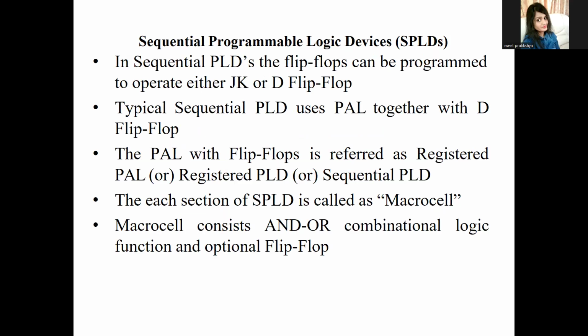As we discussed, the macro cell is the simplest unit of the SPLD. So let us discuss what a macro cell is. Each macro cell takes input signals through an AND and OR array, because generally we give inputs and the output is generated. These inputs are then fed into a D flip-flop.